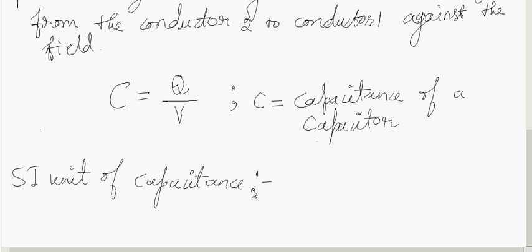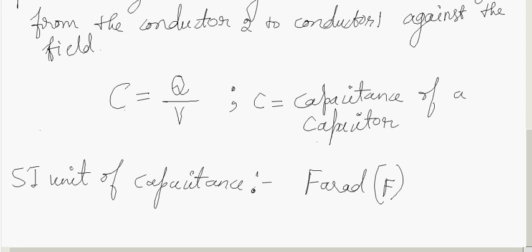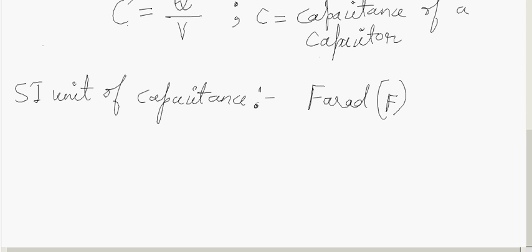Next is what is dielectric strength. The maximum electric field that a dielectric medium can withstand without breaking its insulation is called dielectric strength. As I said, when we measure C, it also depends upon the insulating material which we are using between the two conductors.